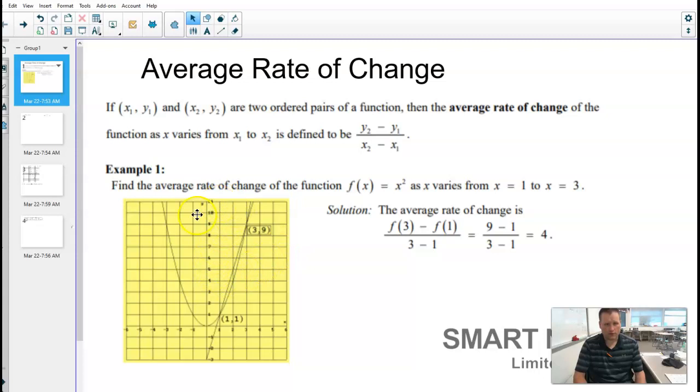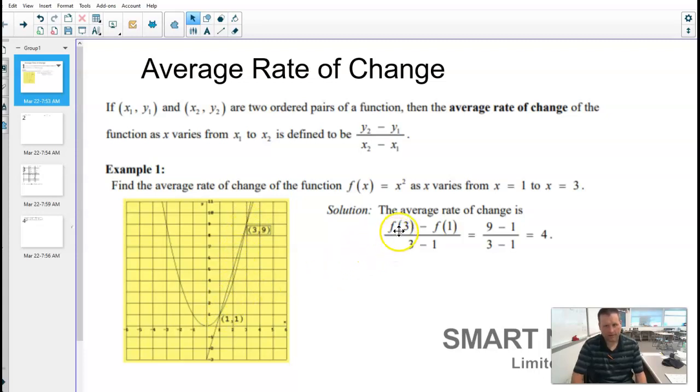If you look at this graph right here, for example, if I was finding the average rate of change for this quadratic graph, our parabola, from 1 to 3, 1 is right here and 3 is right here. That line is not linear, but we can think of the average rate of change as a linear slope.